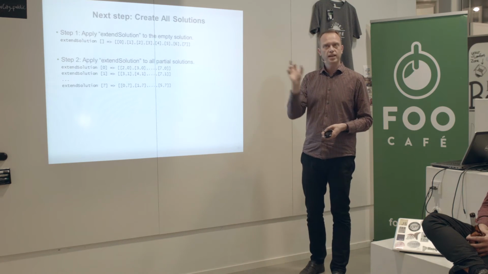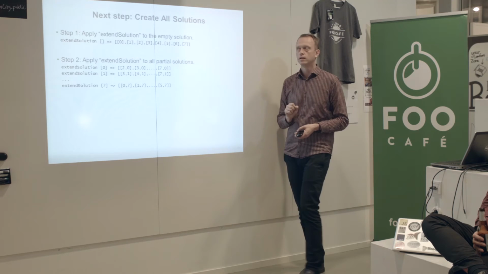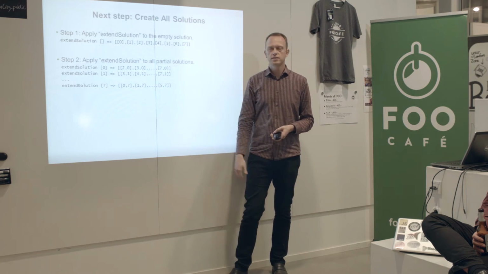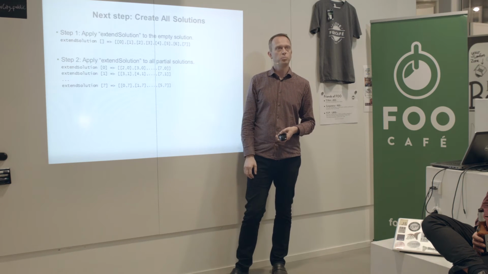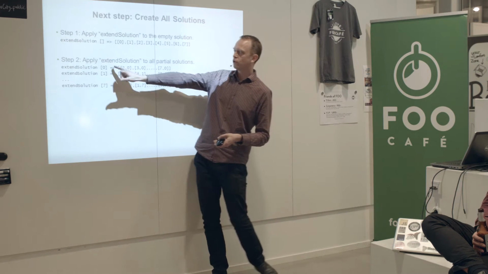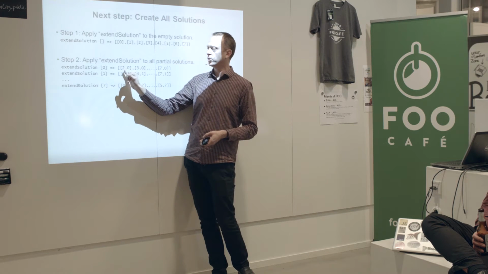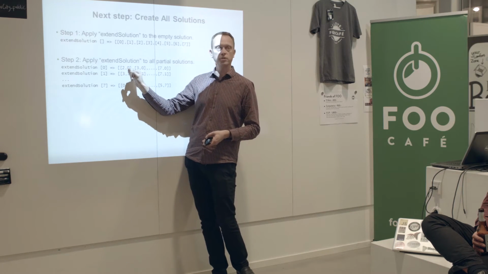Then I would apply extend solution again on all of the values I got here and get a list of lists of potential solutions. So for the first argument, I will get 2, 0. I can add a queen to 2, but I can't add it to 1 or 0 because it will come in conflict with this one.